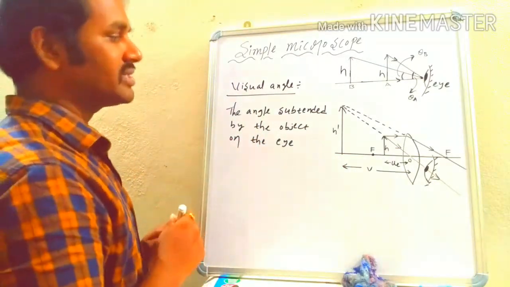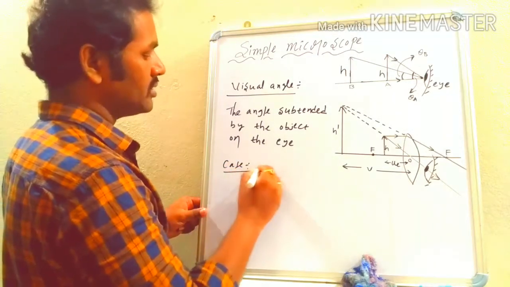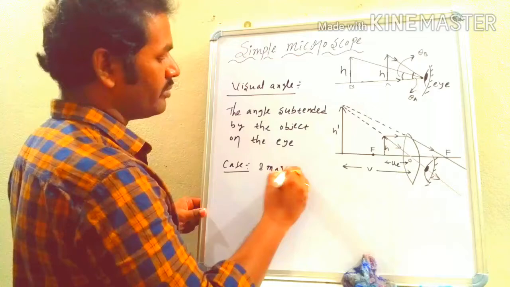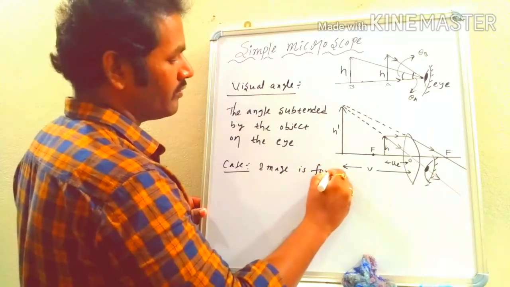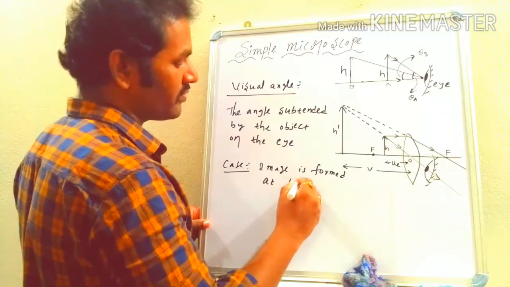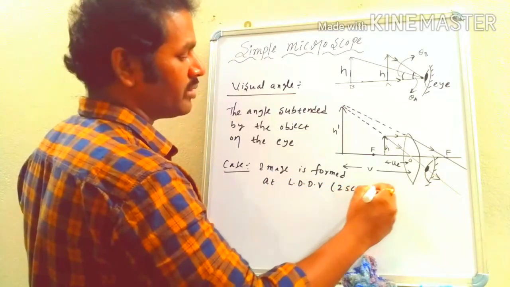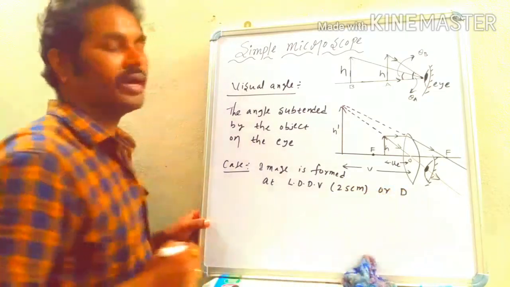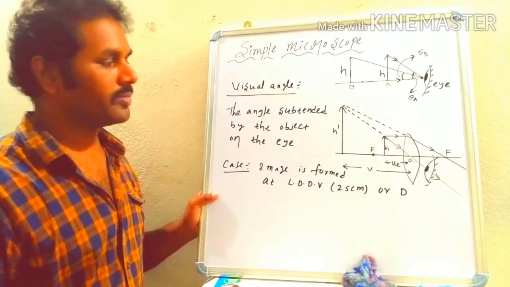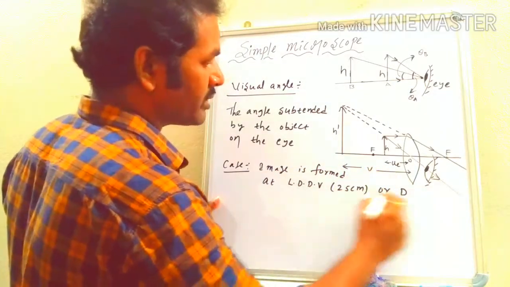So let us take the first case, case 1: the final image is formed at the least distance of distant vision, which is 25 centimeters, denoted by capital D. Now you can see the distance here.